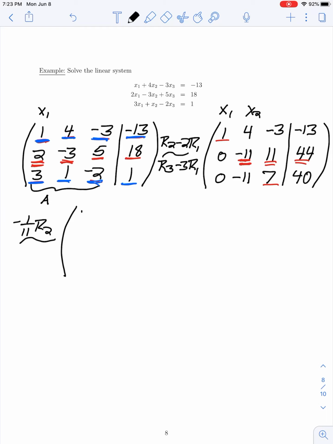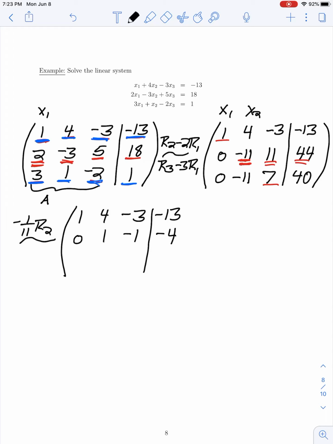So my first row I'm going to leave alone. We have 1, 4, -3 is equal to -13. Dividing my second row by -11, I have 0, +1, -1, -4. So that gives me that 1 element that I was looking for.